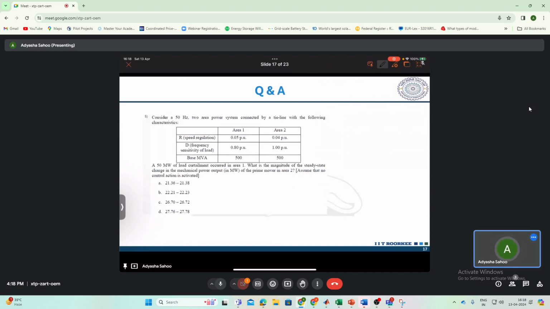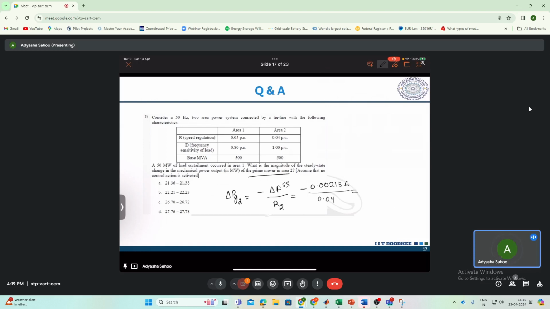Now it is the same question again. So 50 megawatt curtailment of load in area 1. It is asking delta PG2 basically. So delta PG2 is nothing but minus delta F steady state divided by R2. So minus 0.002136 divided by R2, which is 0.04.